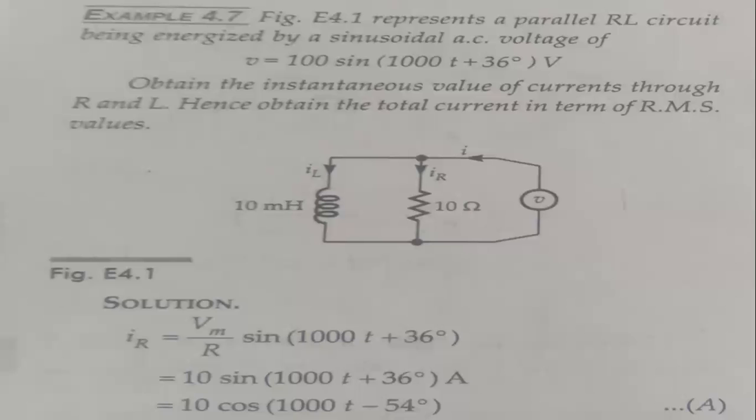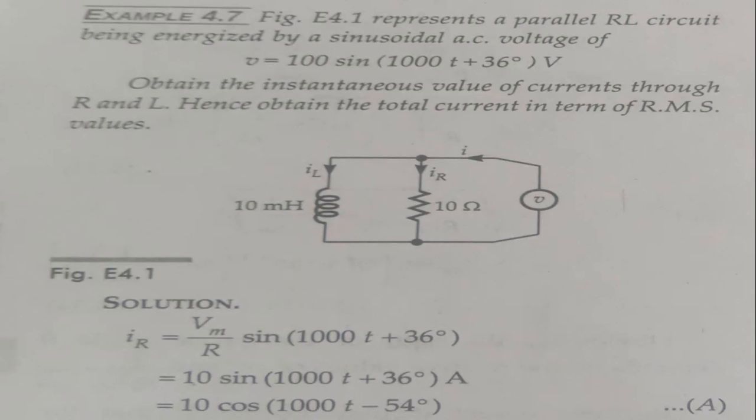As shown in the figure, which represents a parallel RL circuit being energized by a sinusoidal AC voltage of V equals 100 sine(1000t plus 36 degree) volt.